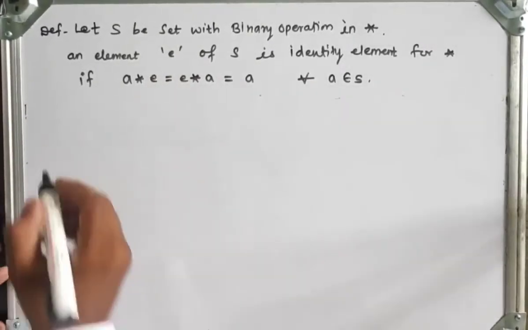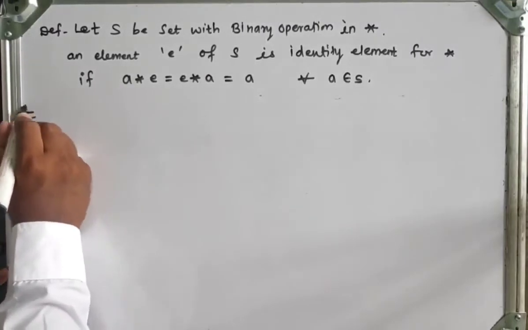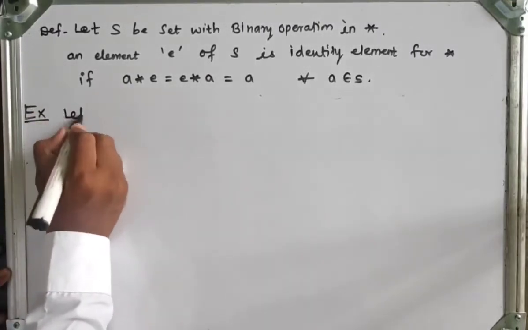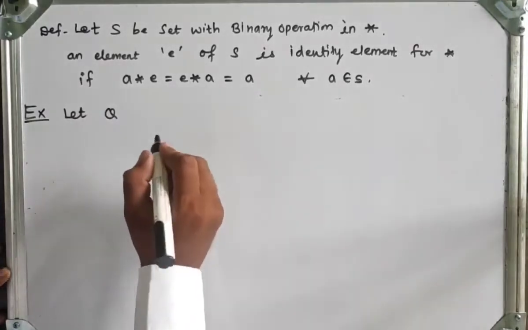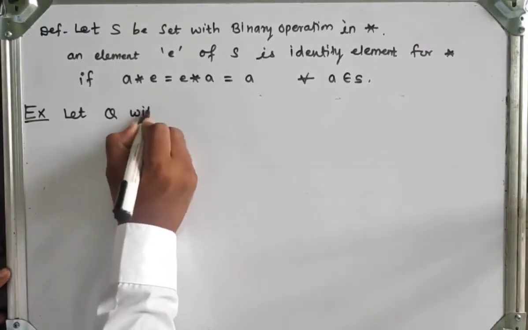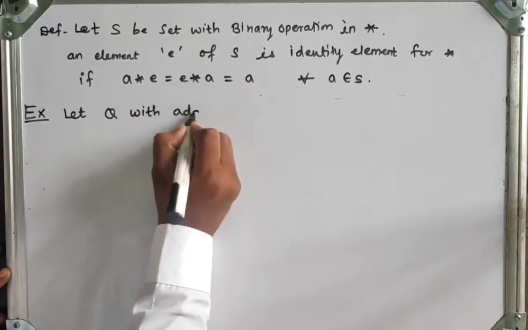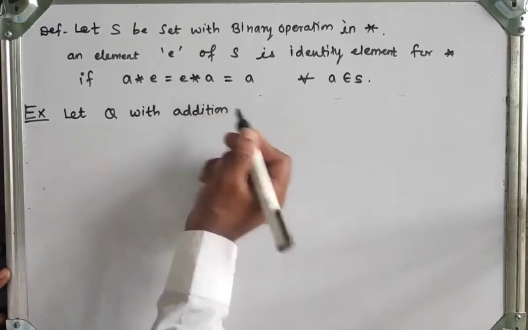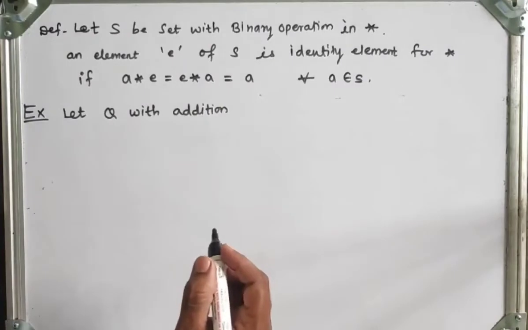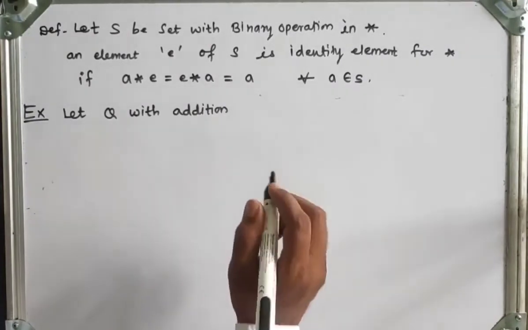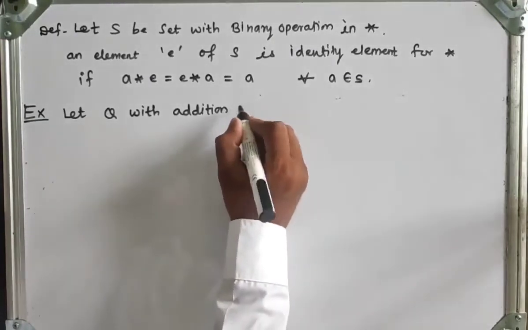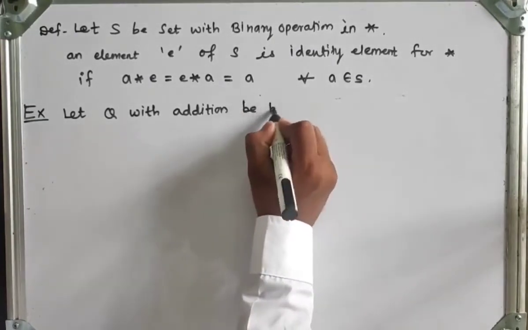Take another example. Let Q be the set of rational numbers with addition as the binary operation.